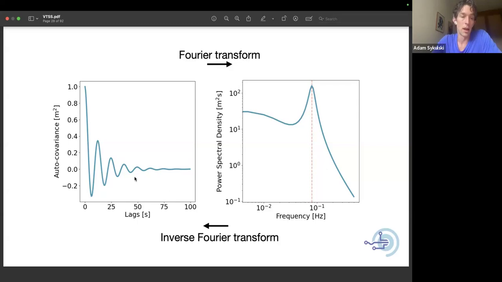Whereas the converse, it can be quite difficult to specify a positive semi-definite covariance function straight out of the bat and verify that it's positive semi-definite. Sometimes we can do it, but sometimes we're not sure. But by looking at its spectrum and checking if it's positive, there's this if and only if relationship. So there are mathematical as well as computational, as we shall see, advantages to looking at power spectral densities.